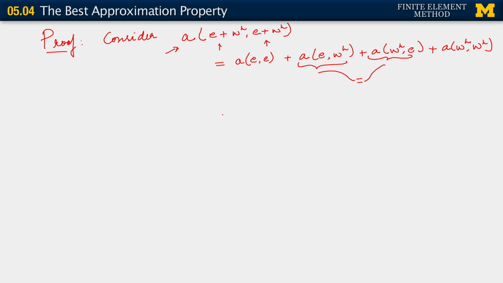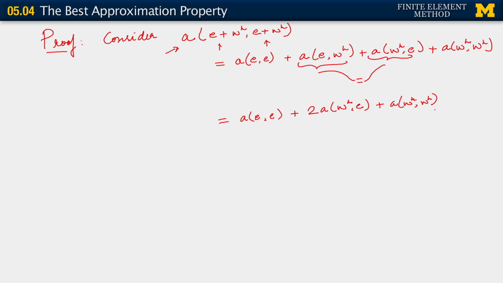So that lets us write it as the energy norm of E plus the bilinear form A of WH comma E, recognizing that the second and third terms in the line above are equal, plus A of WH comma WH.